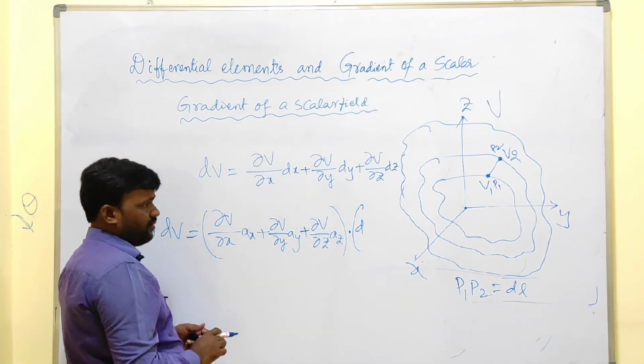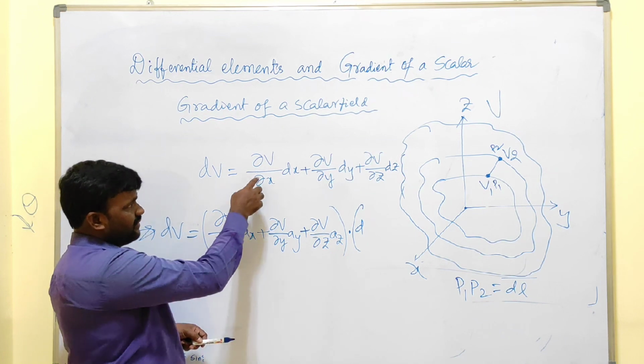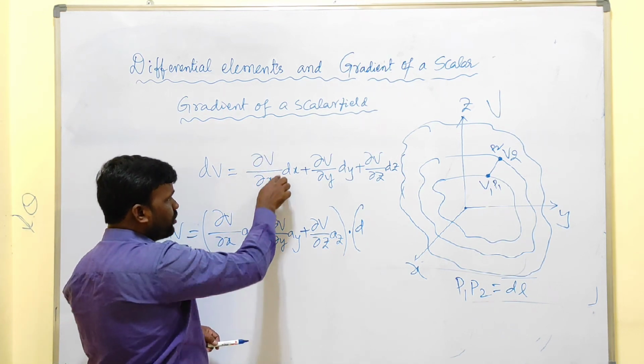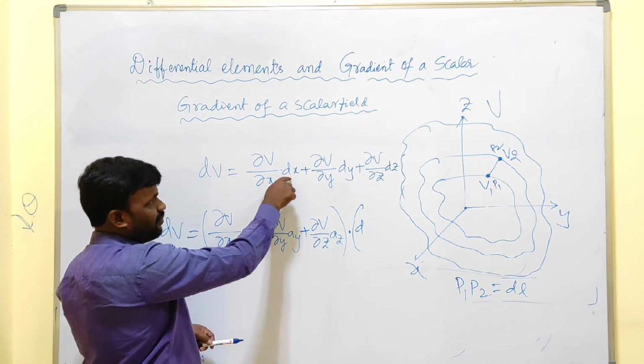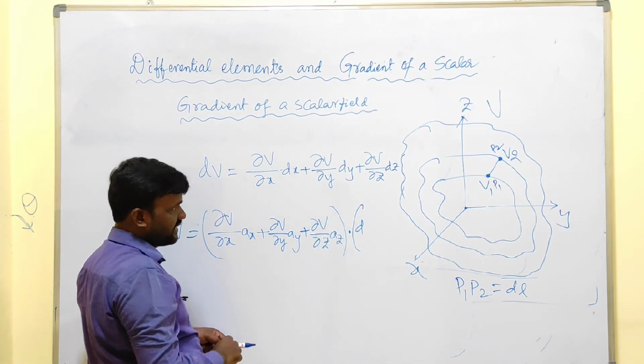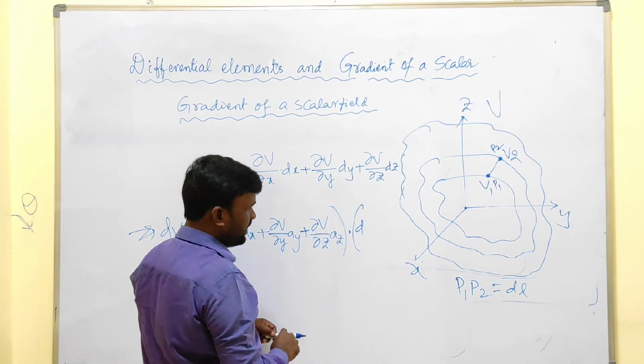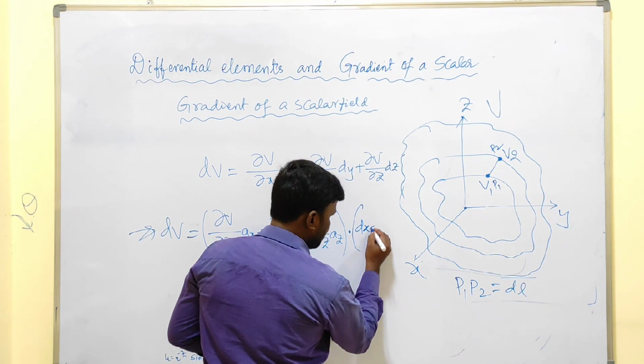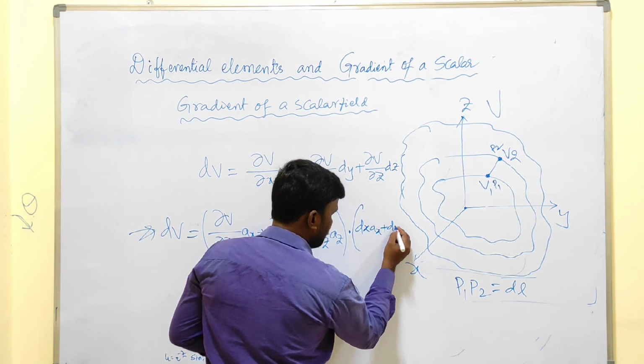Here what I did, simply I multiplied dou V by dou X with ax, and similarly multiplied dx with ax, dy with ay and dz with az, that is dx into ax plus dy into ay.